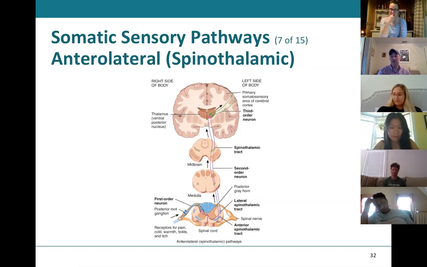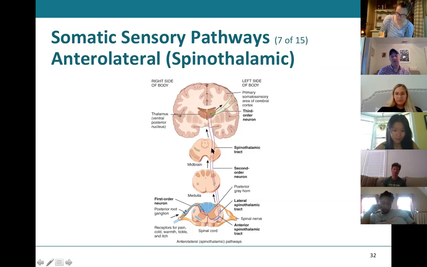Notice our decussing occurred inside the medulla in our previous set of ascending sensory inputs. This will now either ascend using the anterior spinothalamic or the lateral spinothalamic tract. You don't need to remember which one is using which. You just need to see that we're not on the posterior column. So we're ascending using these unique tracts.